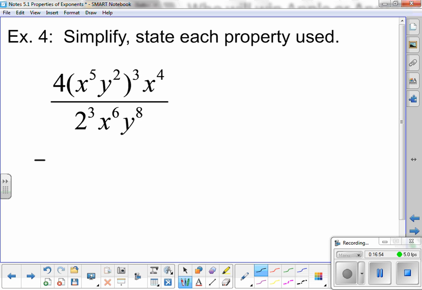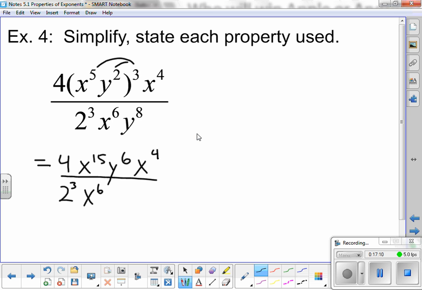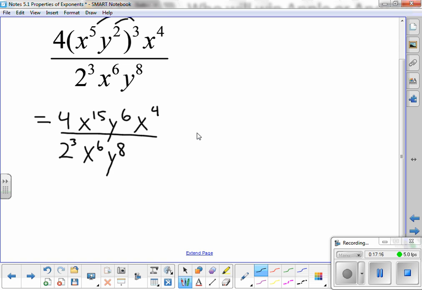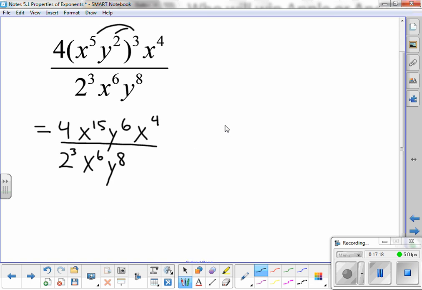So this will become 4. If I multiply that in, you can get x to the 15th, y to the 6th, and then x to the 4th. The bottom I didn't do anything with, so that's 2 to the 3rd, x to the 6th, y to the 8th. All right, now at this point, you can do one of two properties.